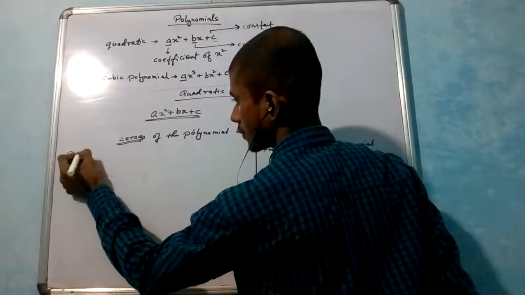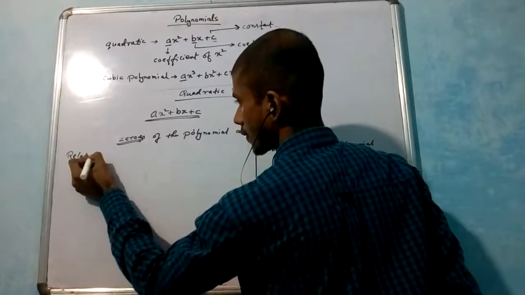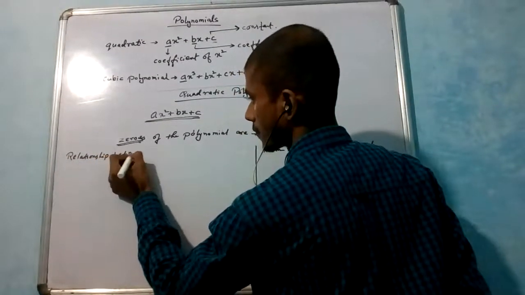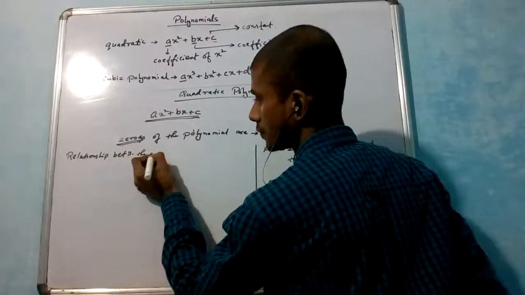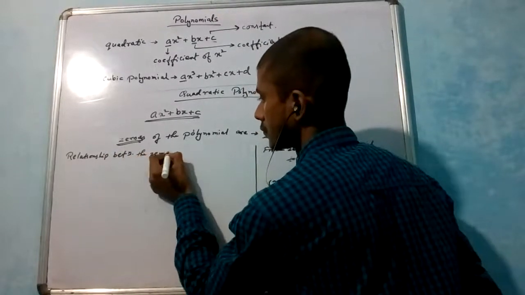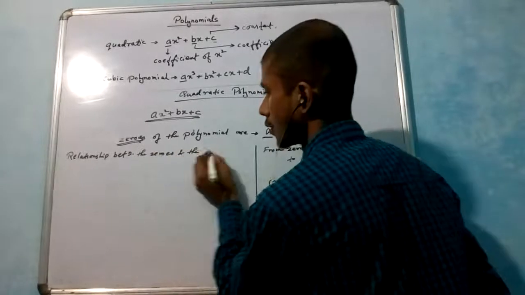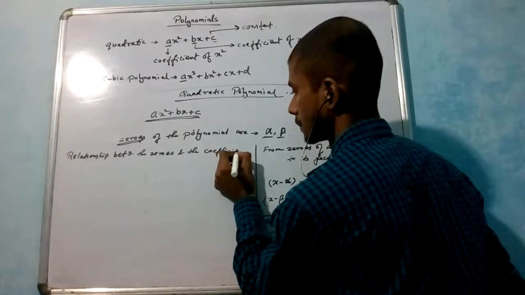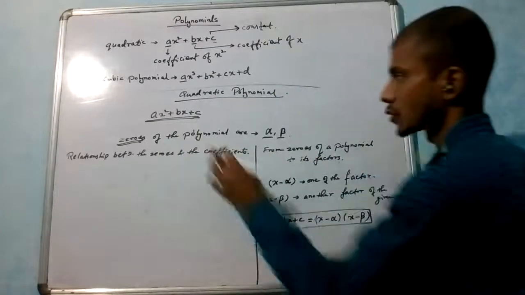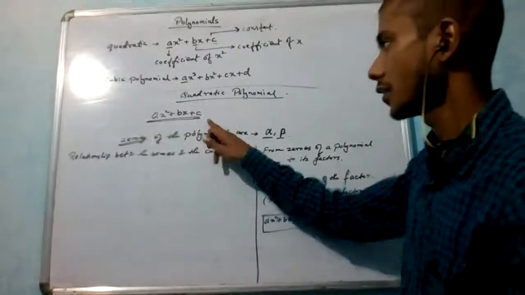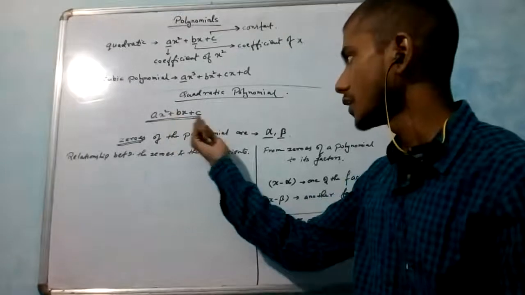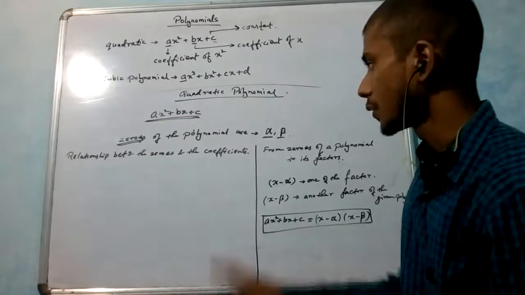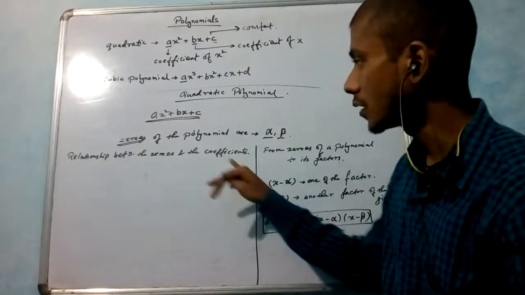Second is the relationship between the zeros and the coefficients of x square, x or constant, that is a, b, c. These are the coefficients, isn't it? And constants. So the relationship between the zeros and the coefficients.